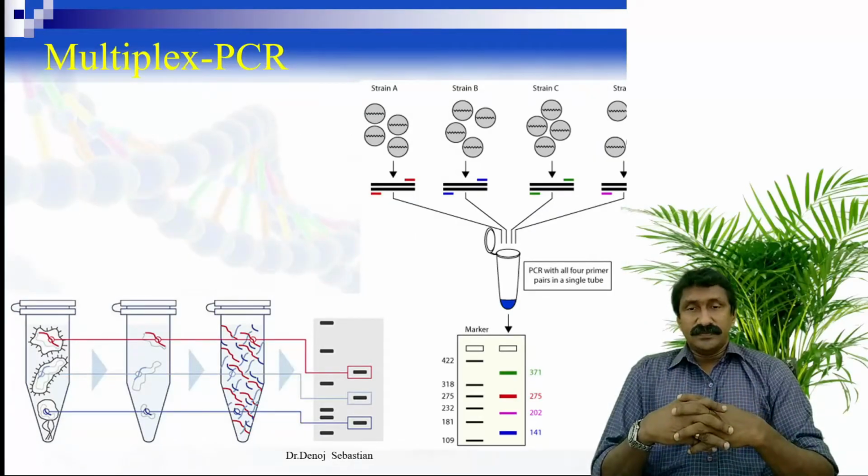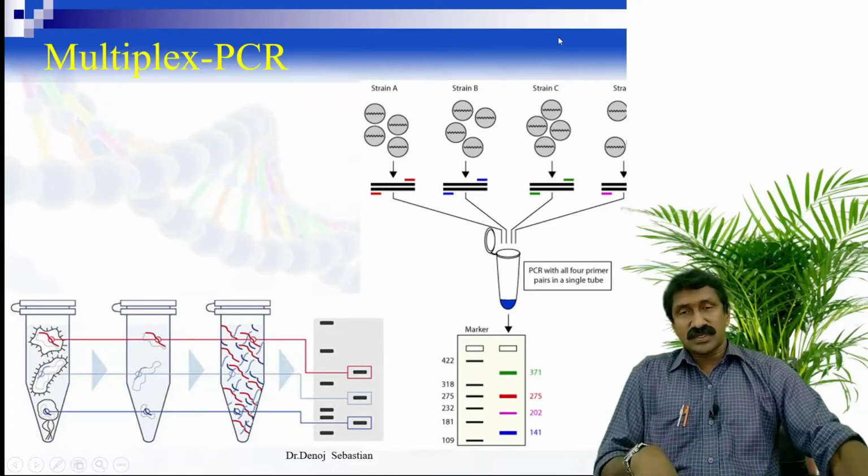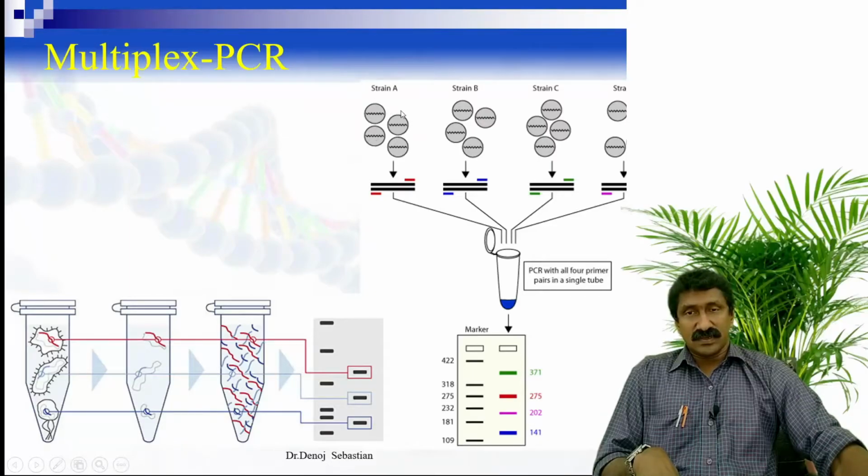So this is one illustration in which, for example, the DNA of strain A of the organism is extracted, and it can be amplified. Strain B will have its own DNA, which you can amplify using specific primers. Strain C, using its own specific primers, you can amplify.